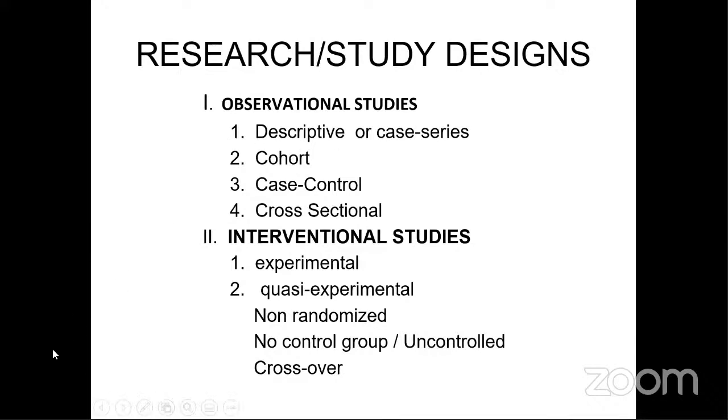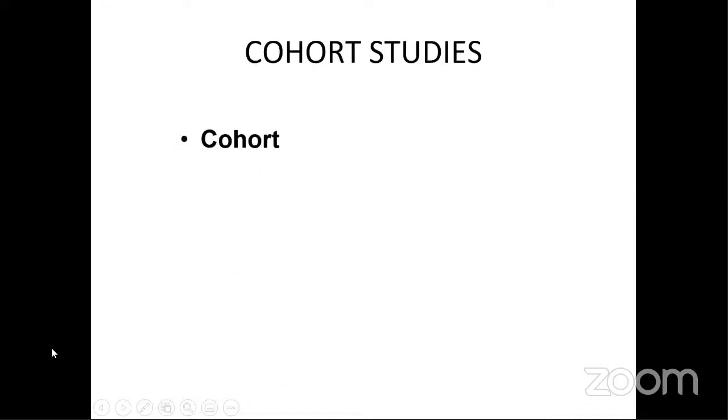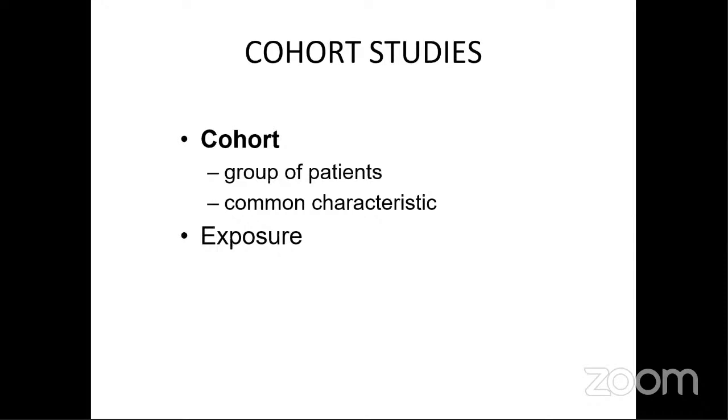We go on to your other research and study designs. So next, study design would be your cohort. What is a cohort study? So you have a group of patients with a common characteristic that would have an exposure. Okay.